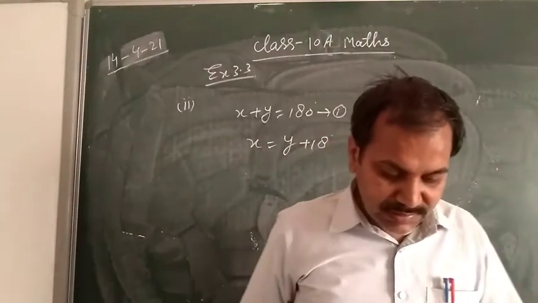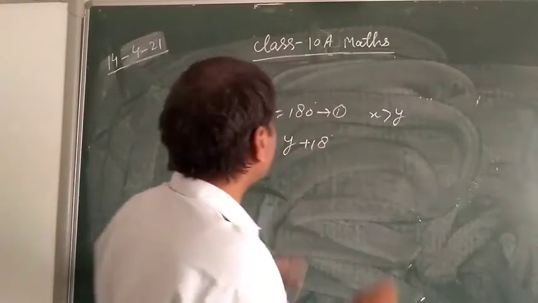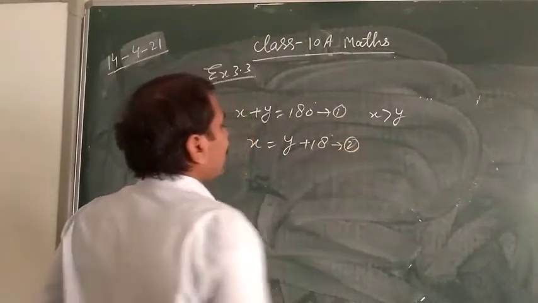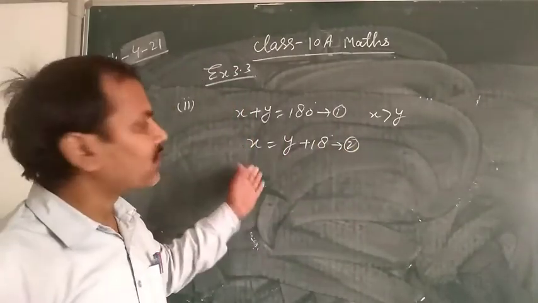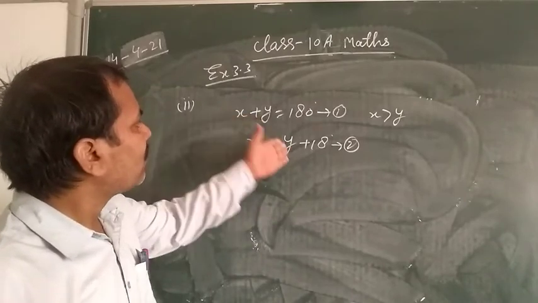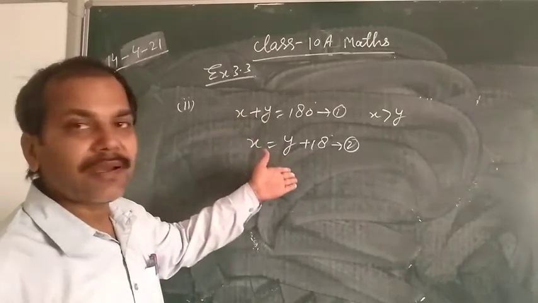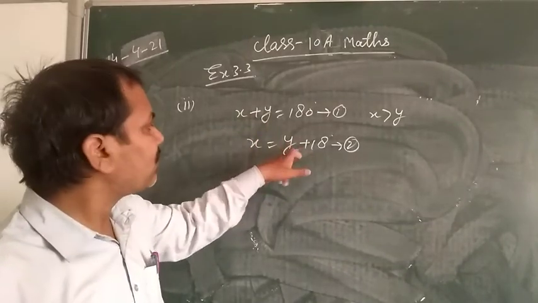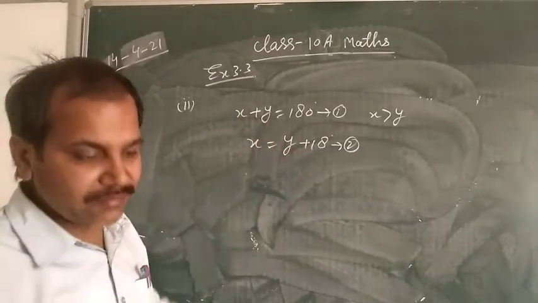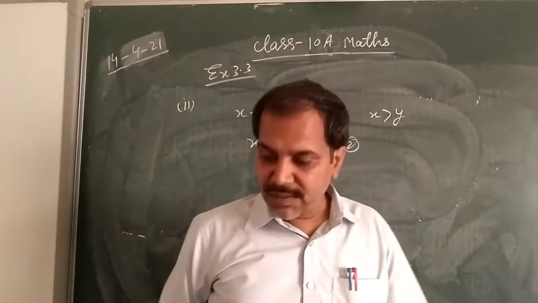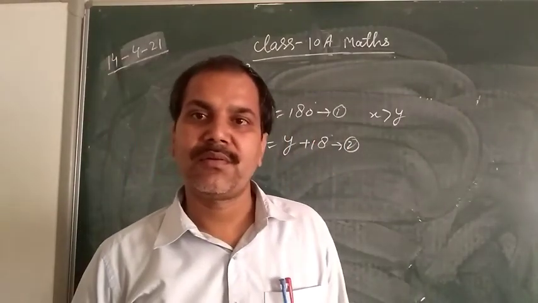Clear? Exceeds the smaller by 18 degrees. No need to transfer y, directly x is equal to y plus 18. You put it in equation first and then find the y value. After finding y, put the y value in the equation to find the x value. Okay, and the remaining you can try by yourself. Okay, thank you.